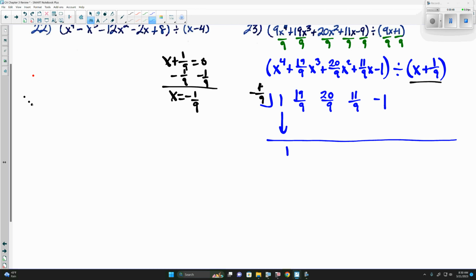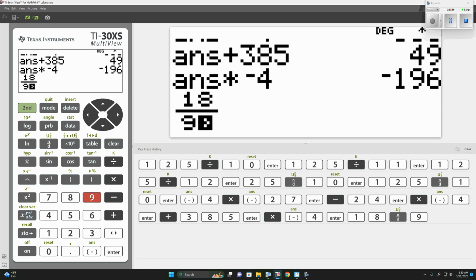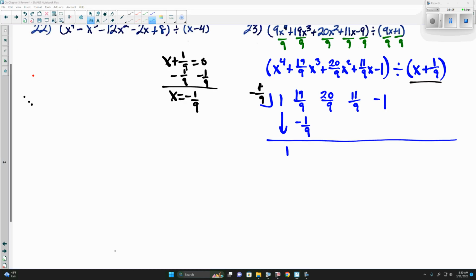Now we multiply. Negative 1/9 times 1 is negative 1/9. On a calculator, we can say 18/9 minus 1/9 is 19/9.